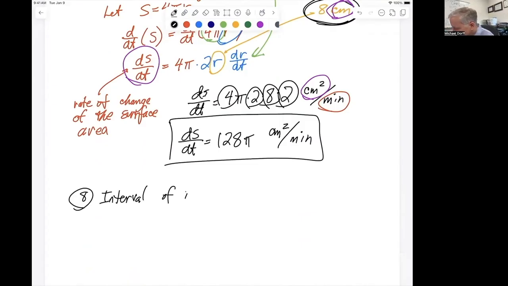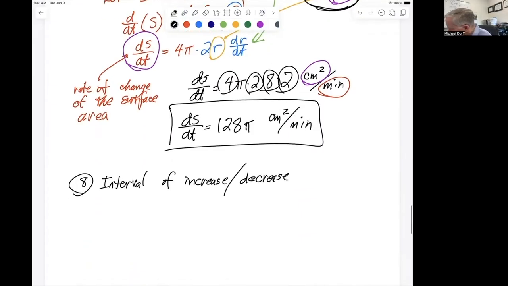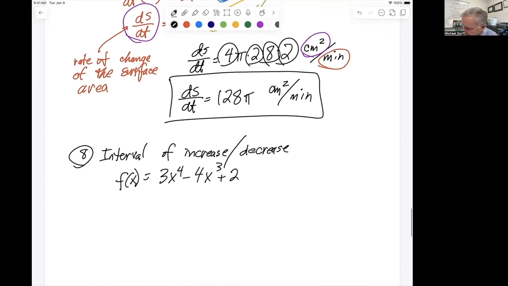Interval of increase, decrease. All right, so what do we have here? Suppose I'm given this function. I'm going to use the same function that's on the study guide just because that's convenient here. Let's make sure I get this right. Okay, so what are the intervals of increase or decrease for that function?